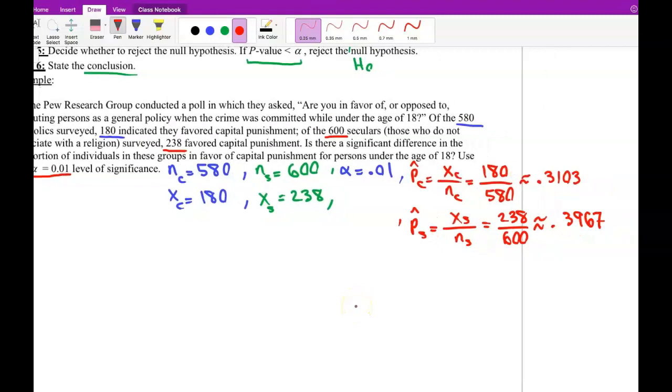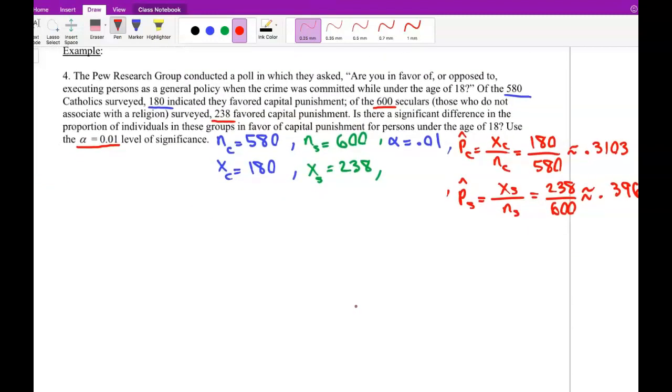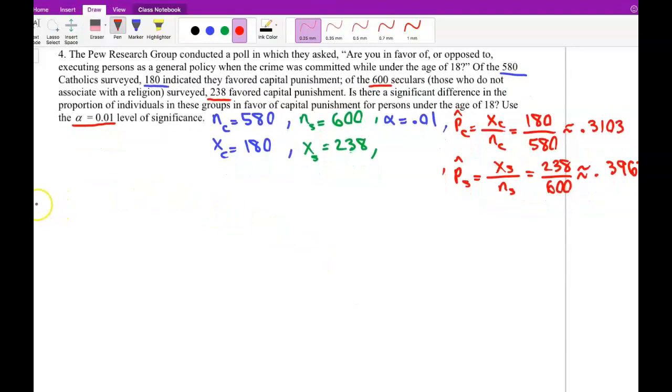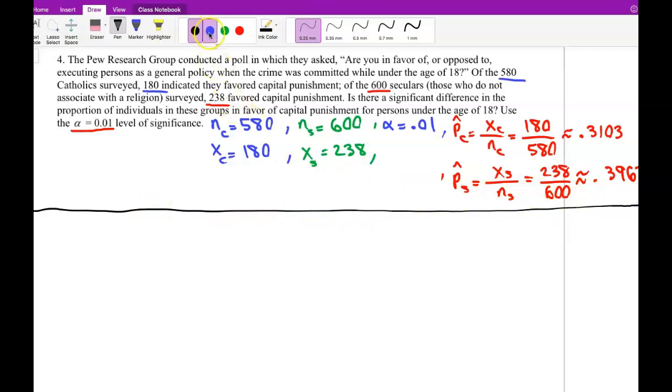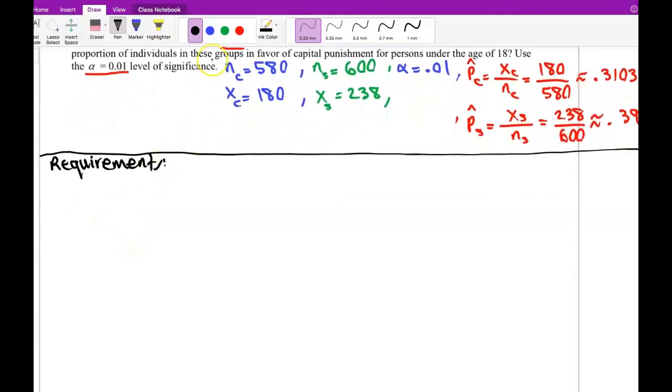Okay, then the next step is we should check all those three requirements. So I assume that we have a simple random sample and all sample values are independent.